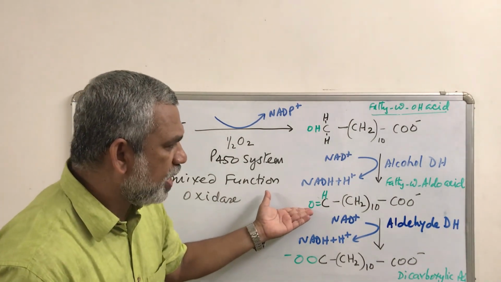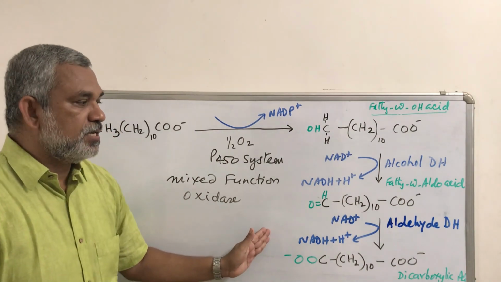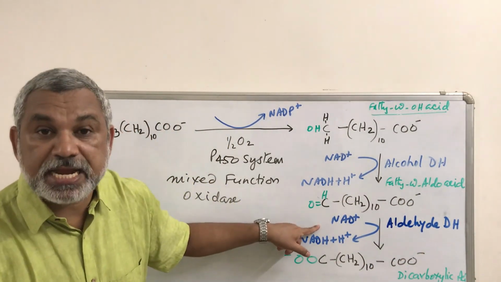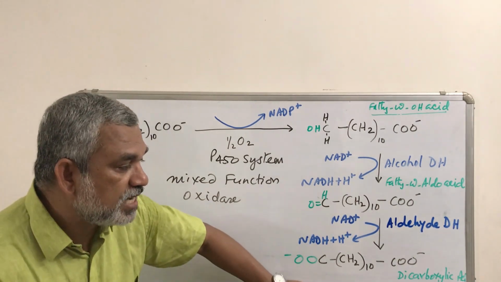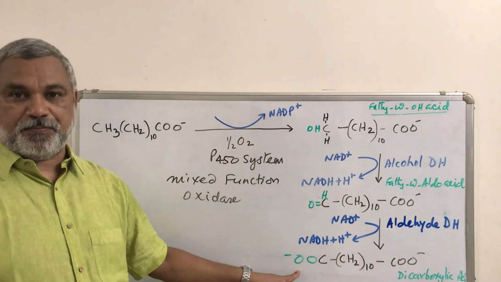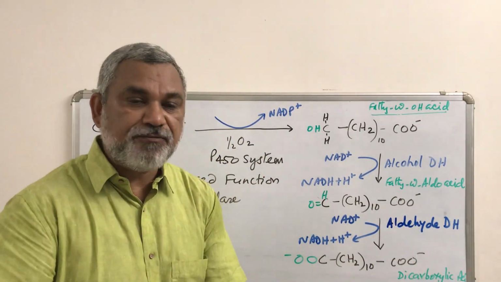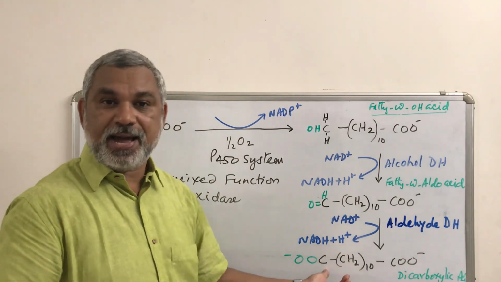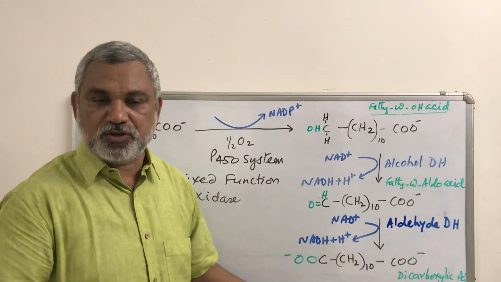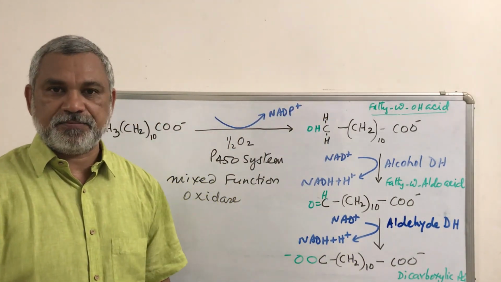Once you have this aldehyde group, the next step is another aldehyde dehydrogenase will act on it, which is an NAD plus dependent enzyme that converts the aldehyde group into an acidic group. So now you can see that at both ends, at the alpha end as well as at the omega end, the fatty acid has been converted to an acidic group. So therefore this is a dicarboxylic acid.